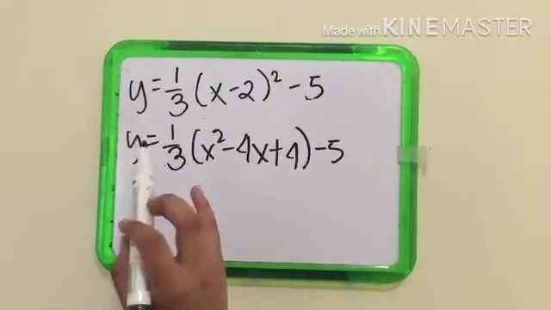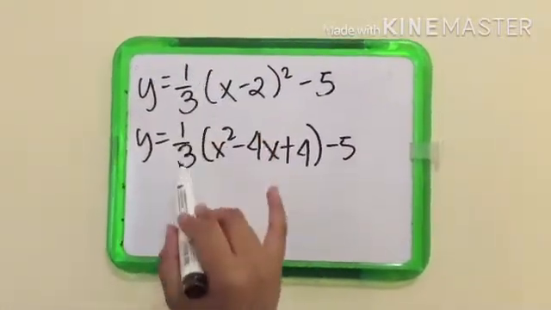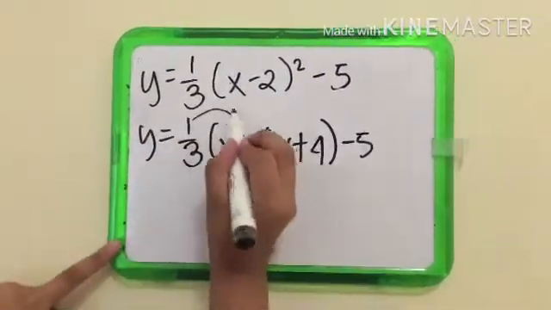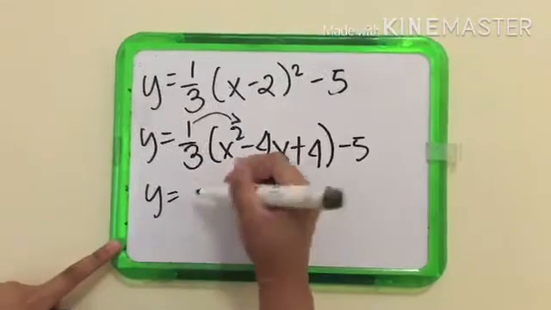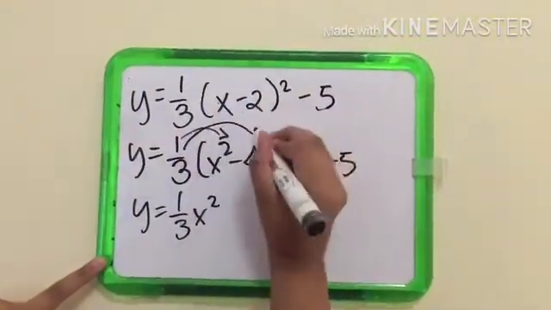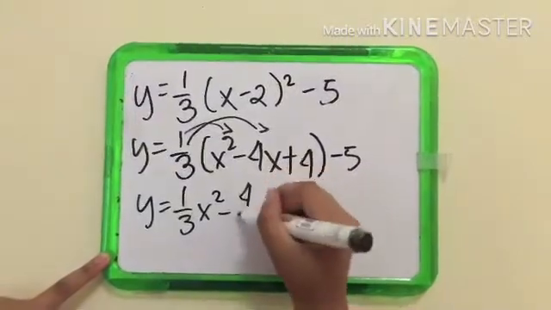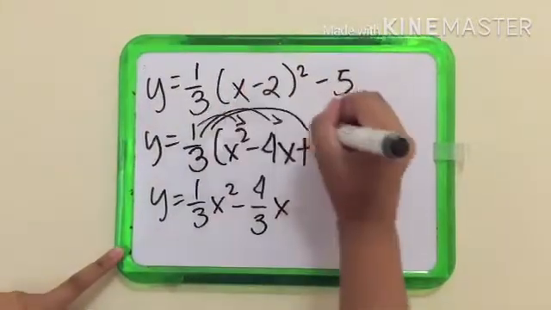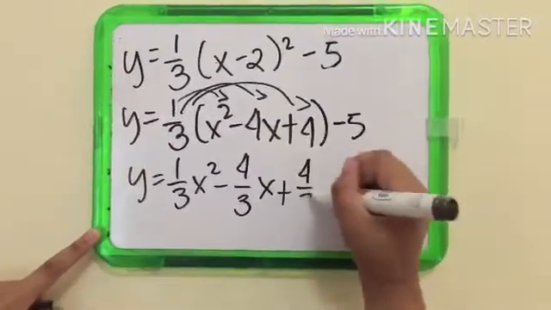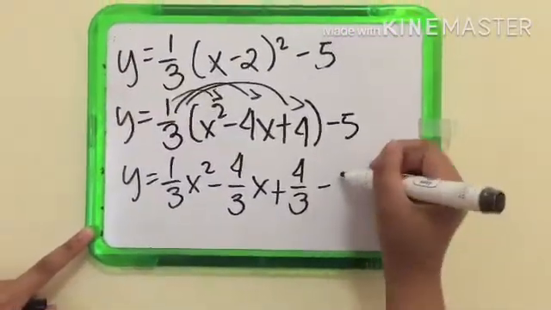We distribute the a value to the trinomial. We have 1/3 times x squared, so 1/3 x squared, and negative 4/3 x, and our last term, positive 4/3, and don't forget the negative 5.